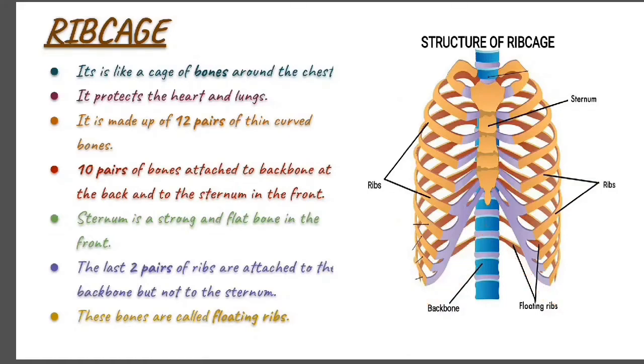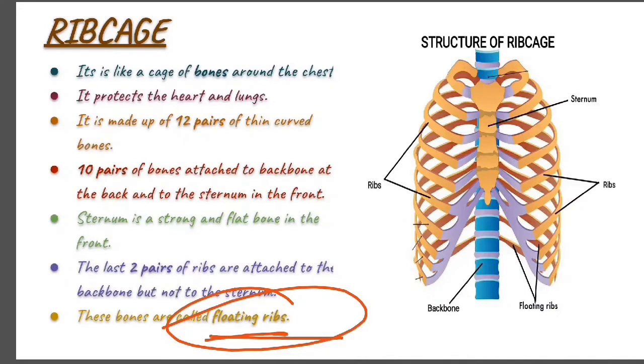Similarly here, your rest two pairs float, because one part is free to move, since it is not attaching to the sternum. That is why we call these bones floating ribs. So what are floating ribs? Now it must be clear that these two pairs of bones which are not attaching to the sternum are called floating ribs.